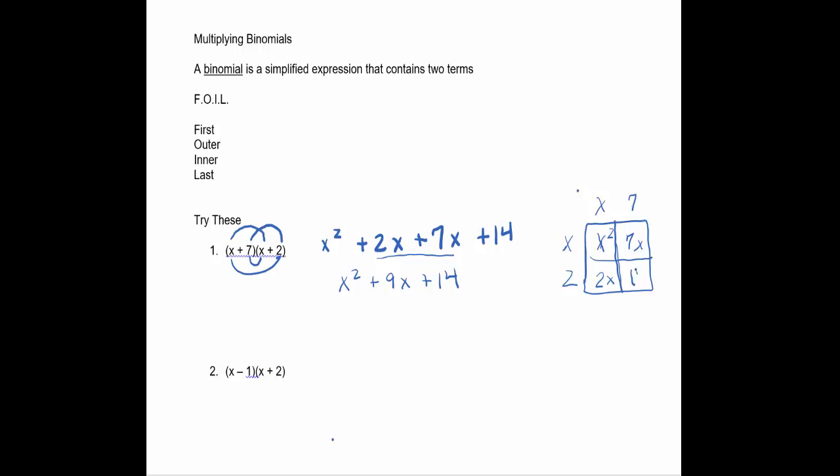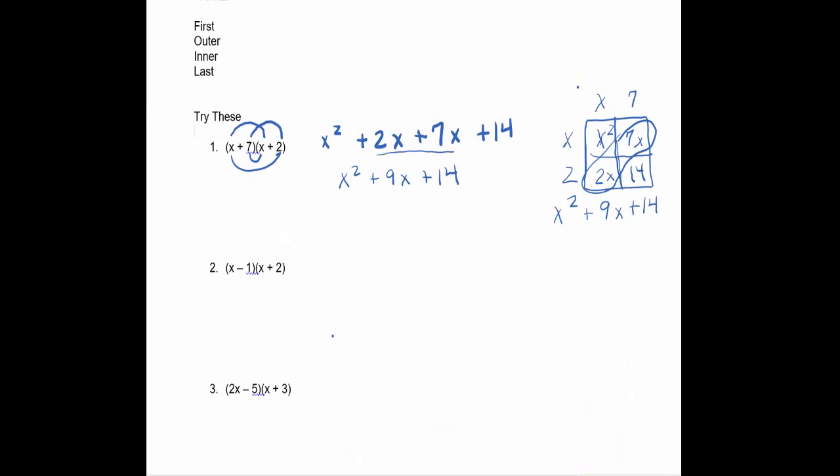So 7 times 2 is 14. Notice your like terms usually are on the diagonal, and so that's x squared plus 9x plus 14. You can use either method you so choose. Just understand that when you get into upper level math, the box method may take a little bit more time than is necessary. But we don't time you, so you're okay.